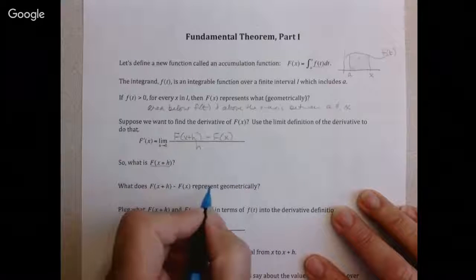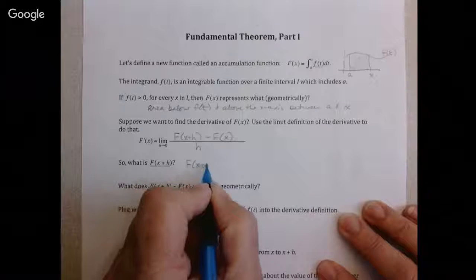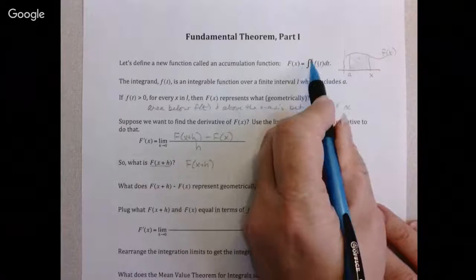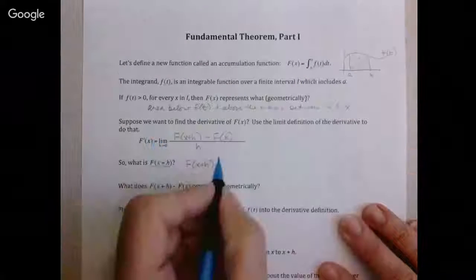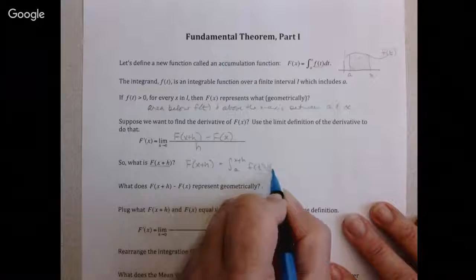So what is F of x plus h? Well, let's go back to our definition of what F of x is. I'll need to replace every x in that definition with x plus h, the integral from a to x plus h of f of t dt.